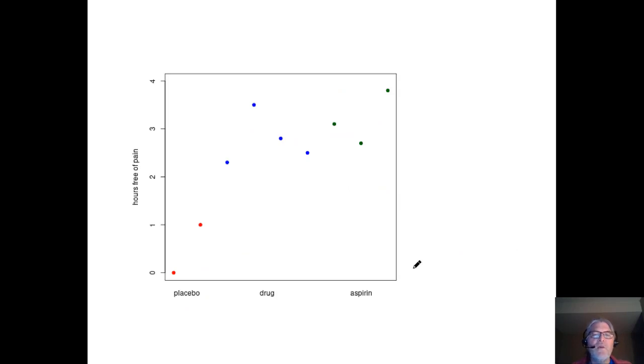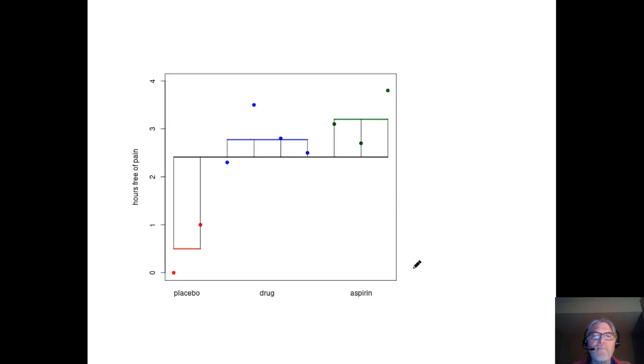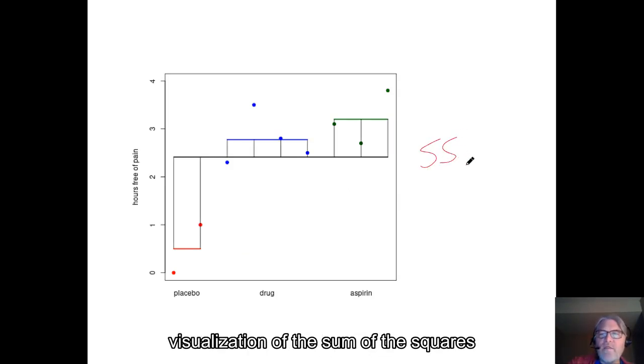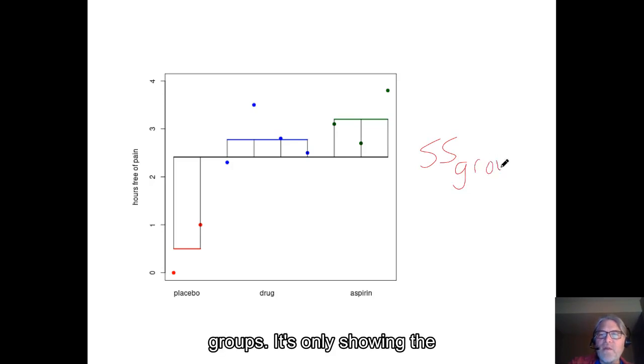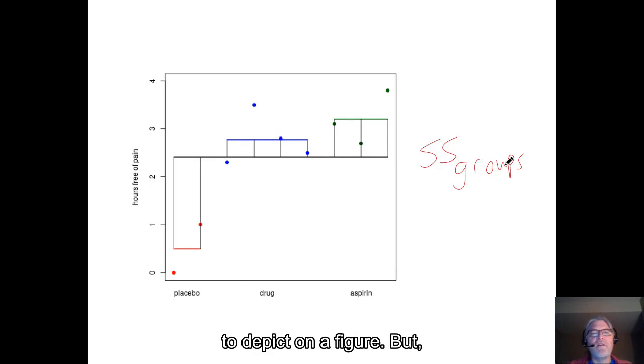There it is with all its variability. There it is with the group means and the grand mean. This is the visualization of the sum of squares groups. It's only showing the deviations, not the squared deviations, because it's hard to depict on a figure.